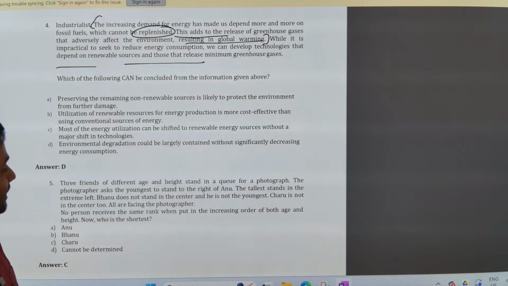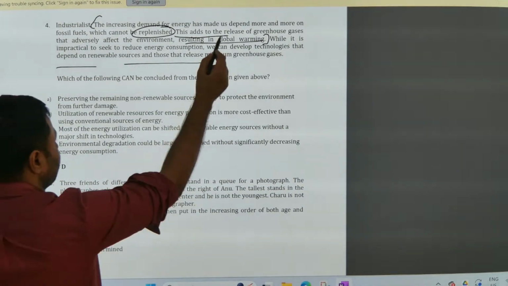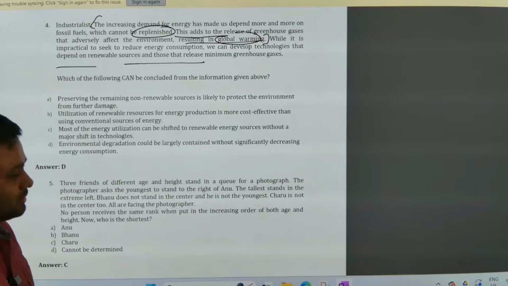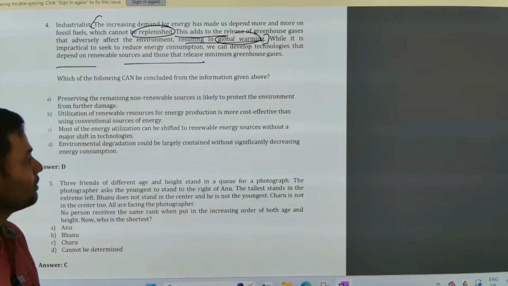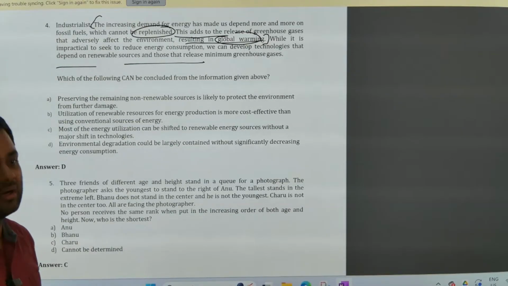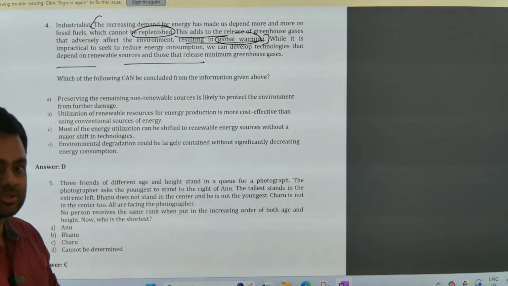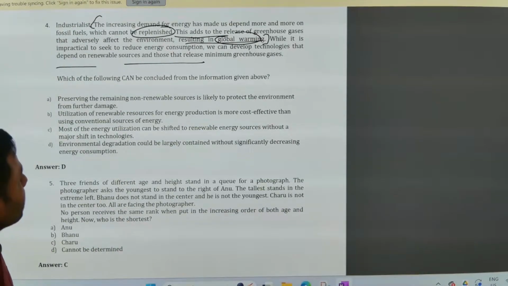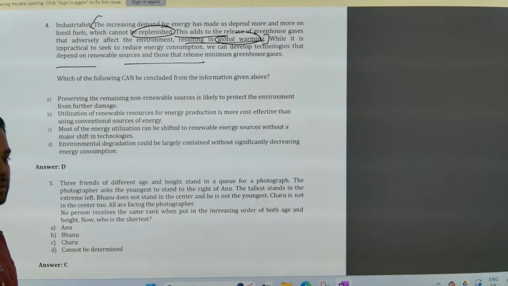So the industrialist agrees that increasing energy demand is causing global warming. But then he says that we cannot expect to reduce the energy demand because we are industrialists. We have to run our industries. We have to expand our industries. We will need more and more energy. So you cannot expect us to reduce our energy consumption.